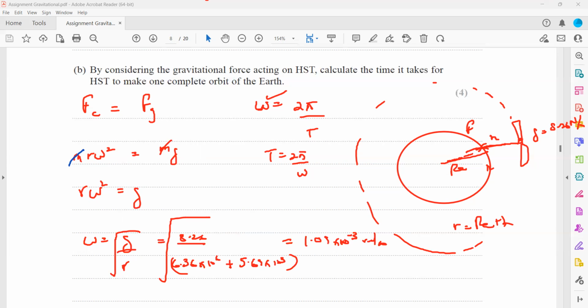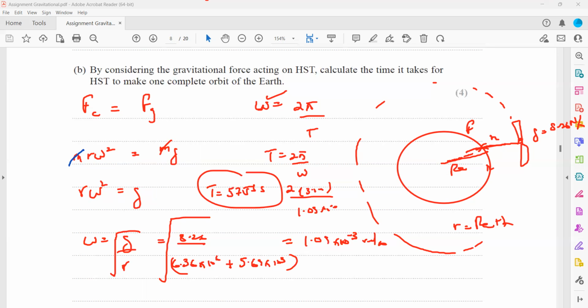After having omega and 2 pi, we work out the t. So it will be 2 into 3.14 divided by omega, 1.09 into 10 to the power minus 3. This will give us the time it will take to orbit, which is about 5,755 seconds. This is the total time it will take to orbit the Earth.